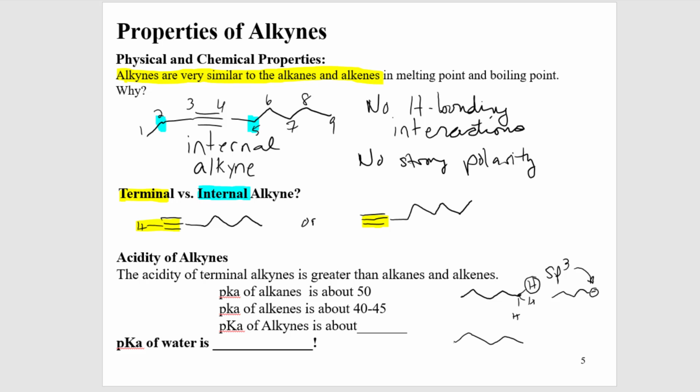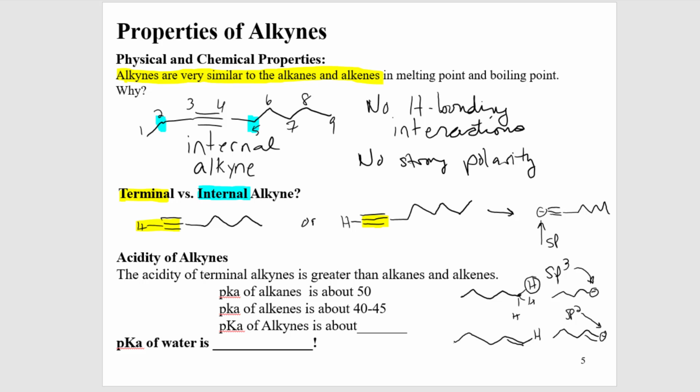Versus if you had an alkene and you removed one of the vinyl hydrogens, you would have the negative charge at a vinyl position, that is sp2. Well, if you remove one of the hydrogens on the terminal alkyne, then you would have a negative charge on an sp carbon.